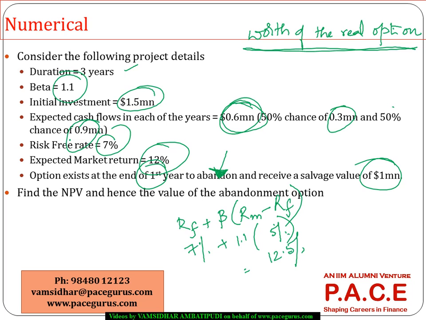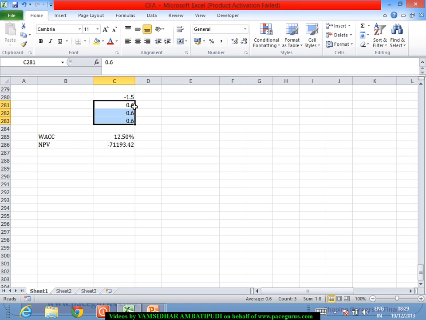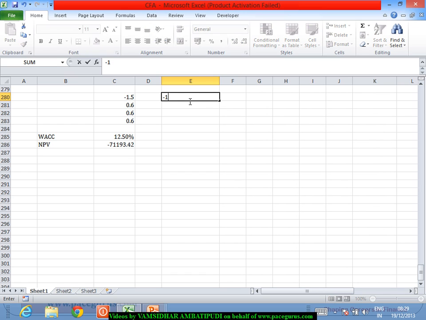So it may so happen that at the end of 1 year, the project is going towards a success wherein we can generate 0.9 million each year, right? So if at all I am going to generate 0.9 million where there is a 50% chance.